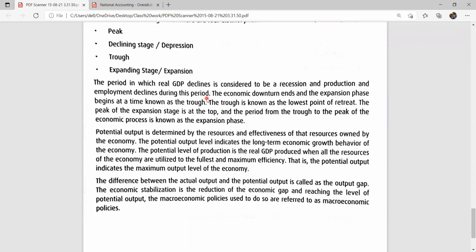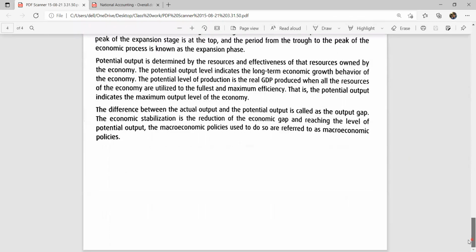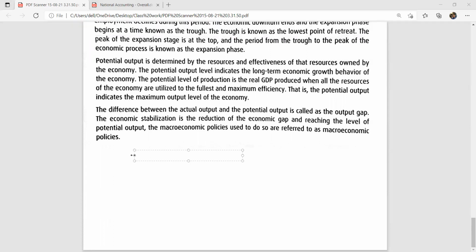So employment falls during such a period. Economic downturn. So here, just as I mentioned, I take boom and recession, say growth together. There are 4 periods: slump as well as recession.